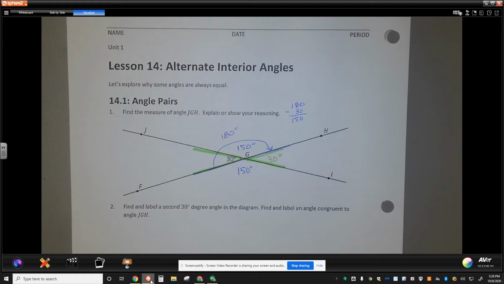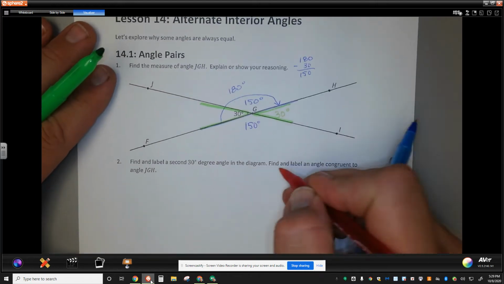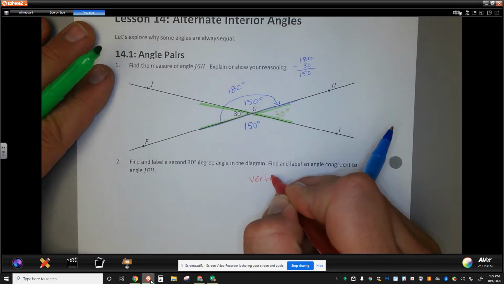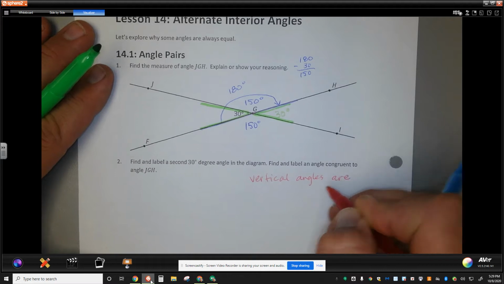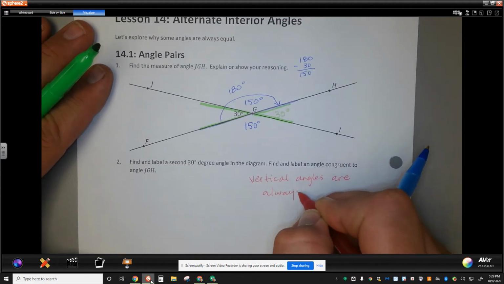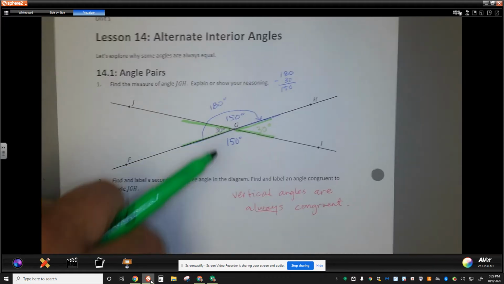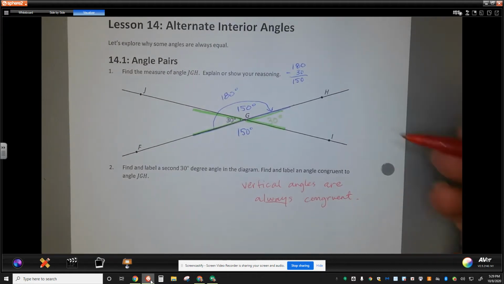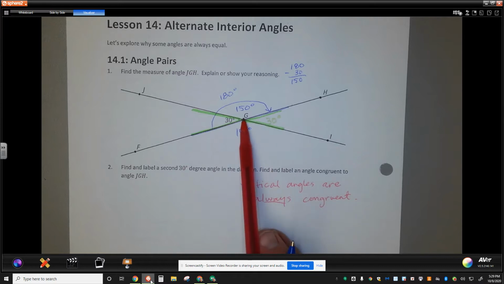Again, using principles of what we call supplementary angles, or two angles that add together to equal 180 degrees, and vertical angles with the understanding that vertical angles are always congruent, we can determine unknown angle measures. So when we talked earlier about why some angles are always equal, vertical angles are always equal because of a rotation of 180 degrees around a center point.